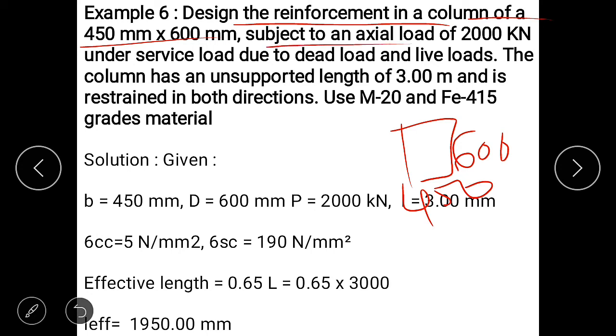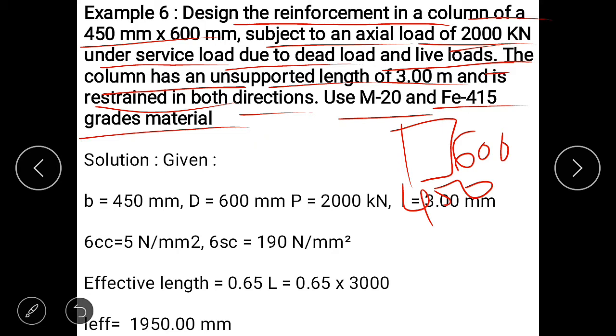Subject to an axial load of 2000 kilonewton, P is 2000 kilonewton, due to dead load and live load. The column has an unsupported length of 3 meter and is restrained in both directions. Use M20 and Fe415 grade materials.